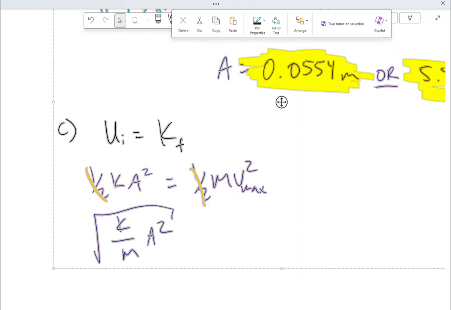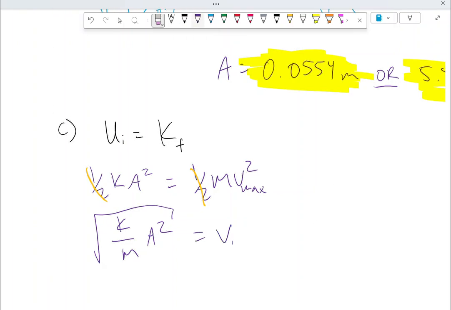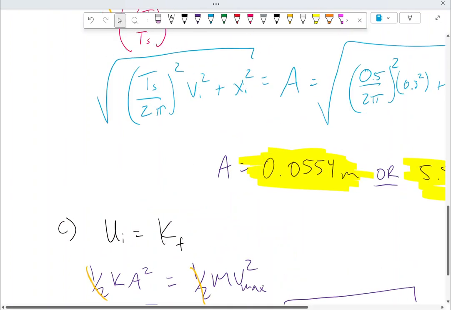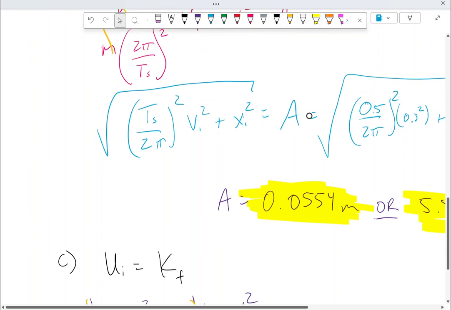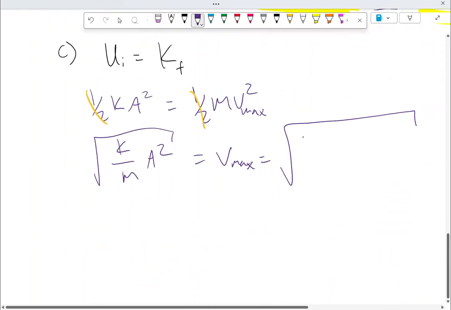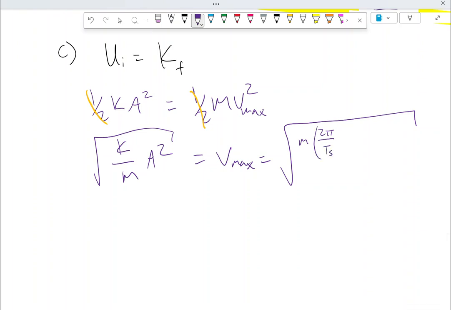And that's v max. Let's see if we can simplify this a little further. I found out that the k was equal to m times 2 pi over the period of the spring mass system squared. So this is going to be m times 2 pi over the period, all that squared, divided by m. The m cancels out, and then I get a squared here.